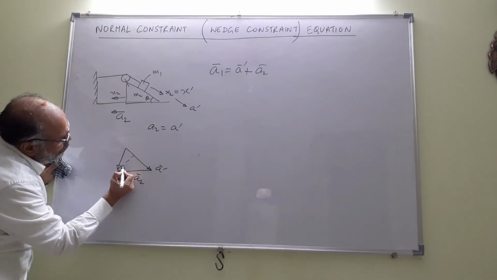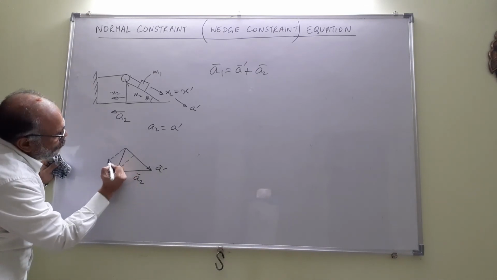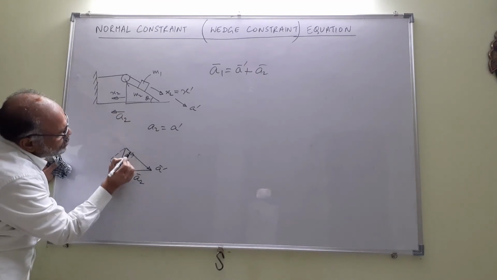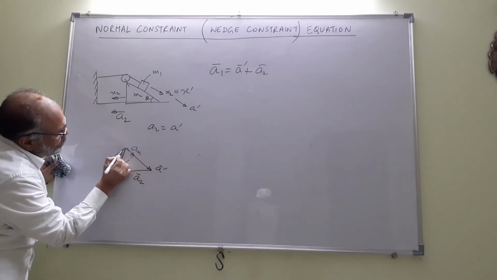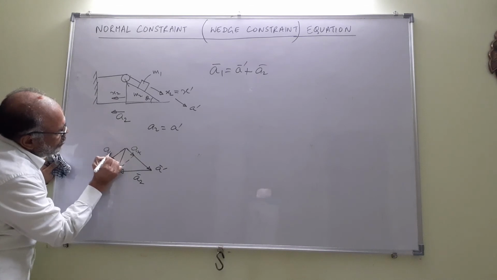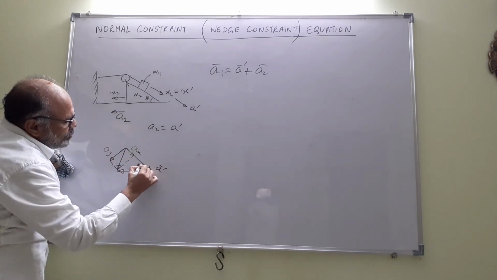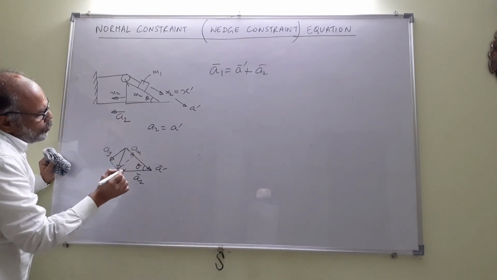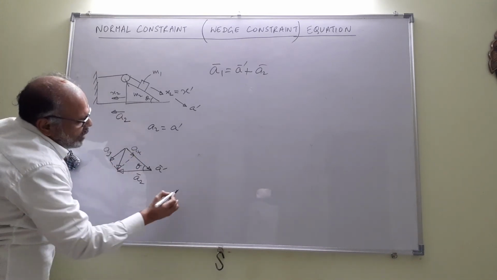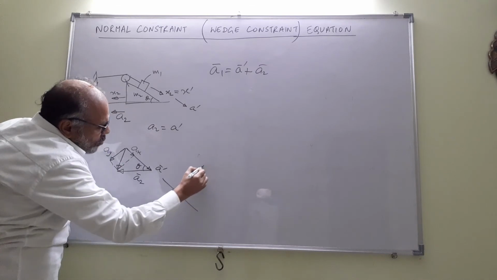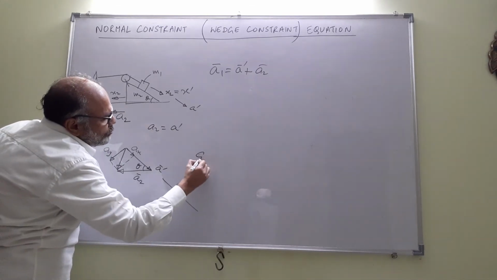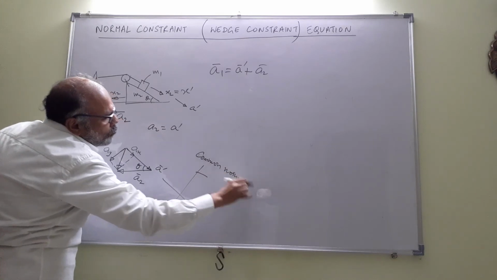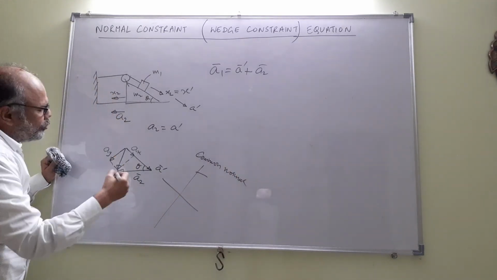This we are resolving as ax and this as ay. This angle is theta, this angle is theta. So we will apply the normal constraint. This is the direction of the common normal.